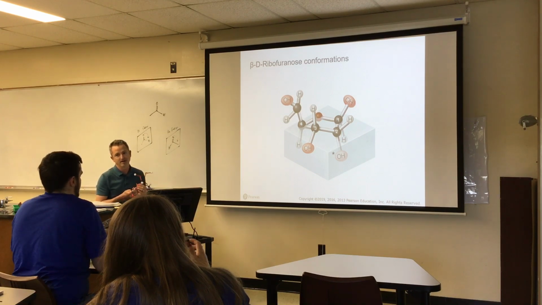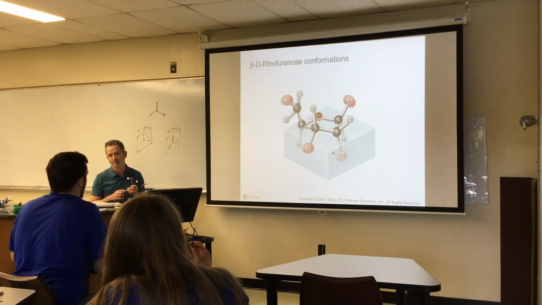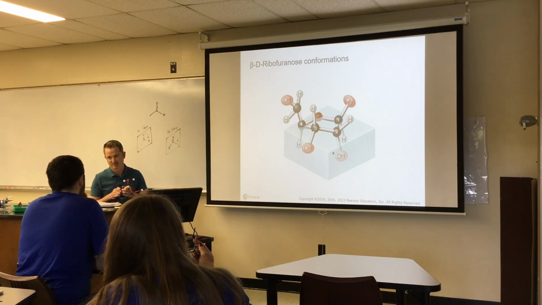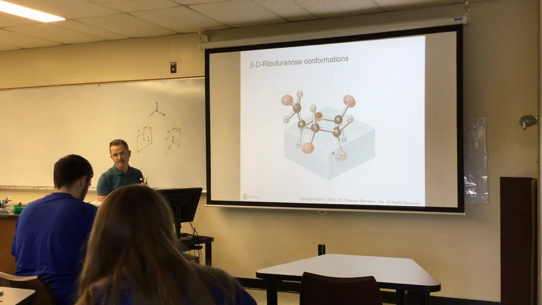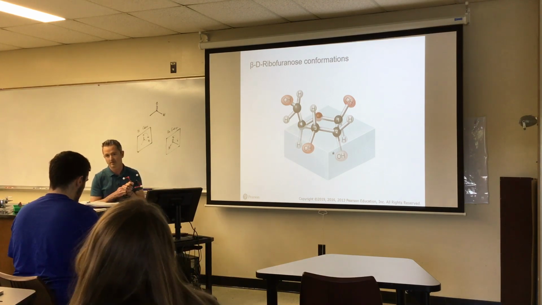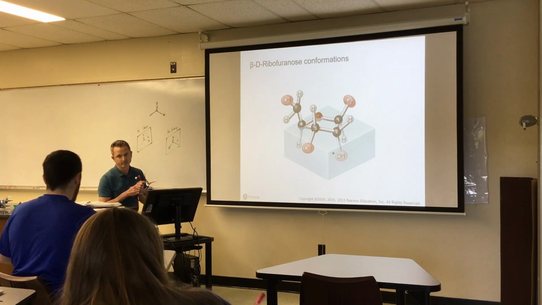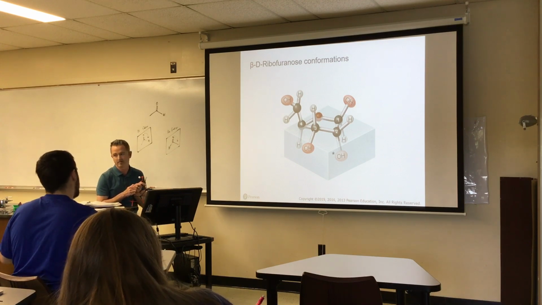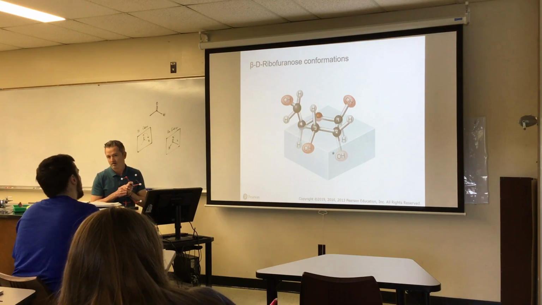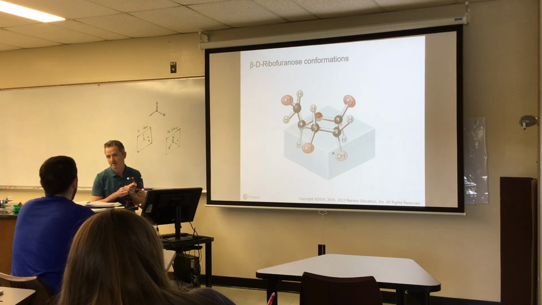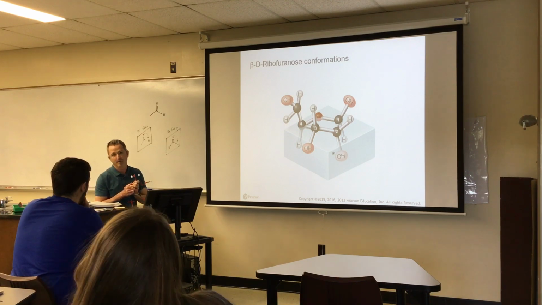It's the anomeric position, so they are anomers to one another. You need to know that anomers are diastereomers. They only differ in one configuration. The other one is an epimer.